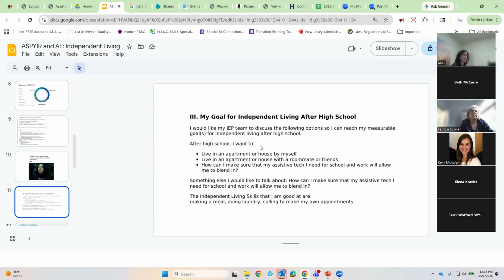But there's also a caveat, another bullet that says living in an apartment with a roommate or friends. So again, you might not have answers here that completely line up with one another. This person is showing that they're unsure of whether they want to be by themselves, or perhaps they want to live with a roommate or friends.